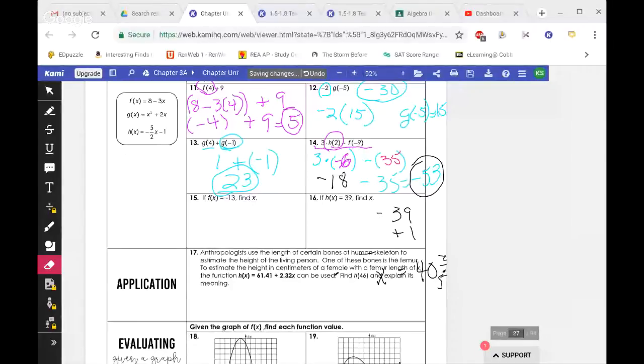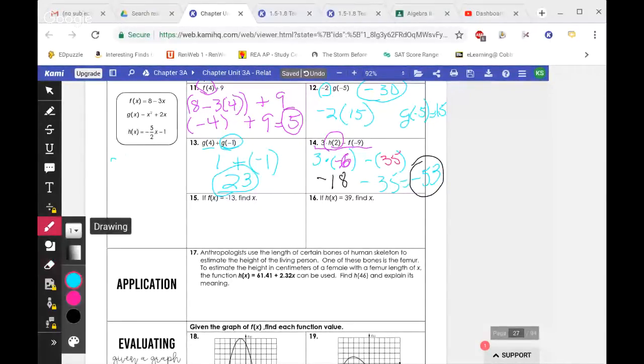The function f of x is negative 13. Well, knowing that they're telling you over here that f of x is equal to 8 minus 3x, we have f of x equals negative 13, and f of x is also equal to 8 minus 3x. So because of the rule of equality within a given problem, we could say that negative 13 is equal to 8 minus 3x.